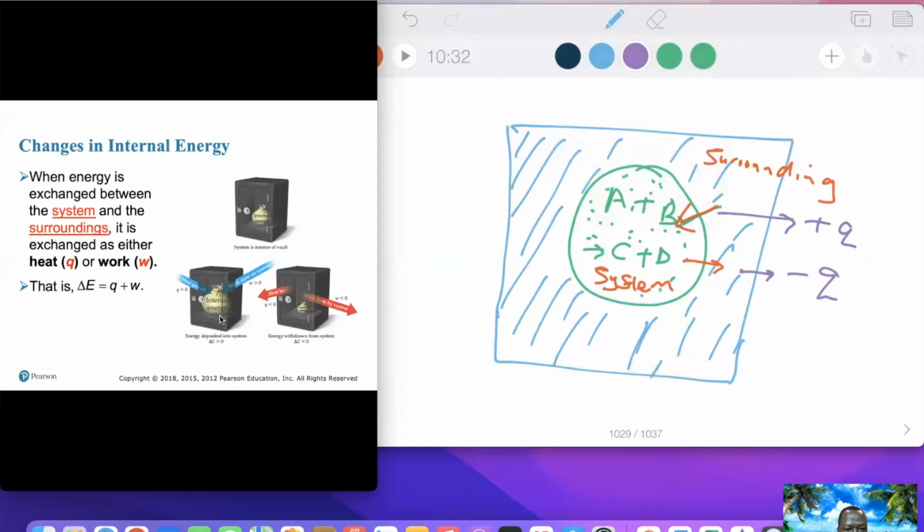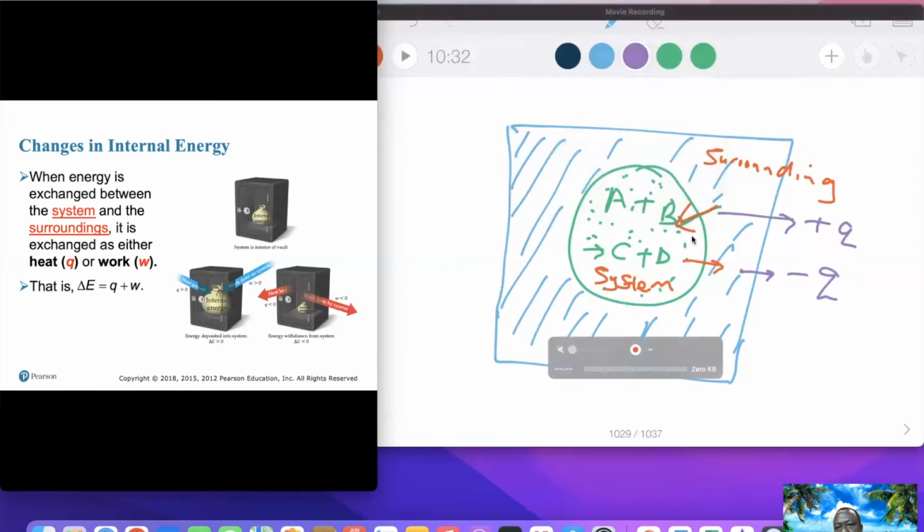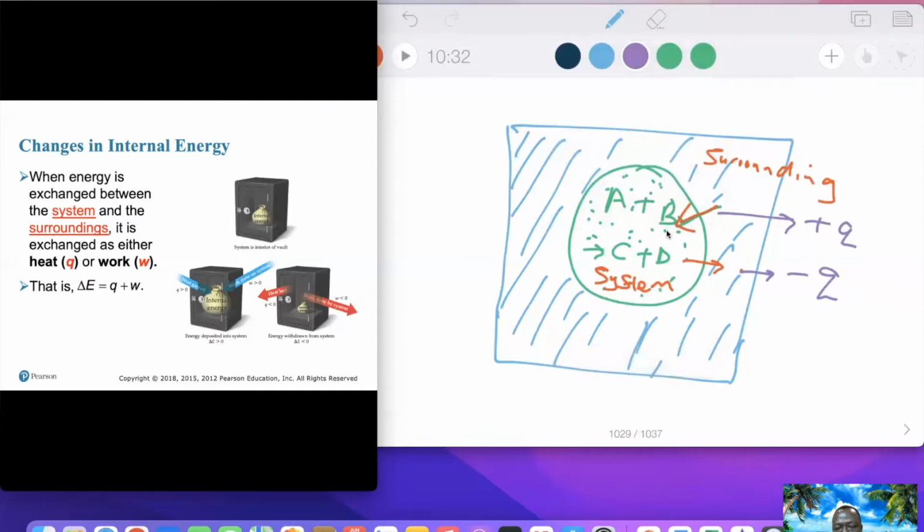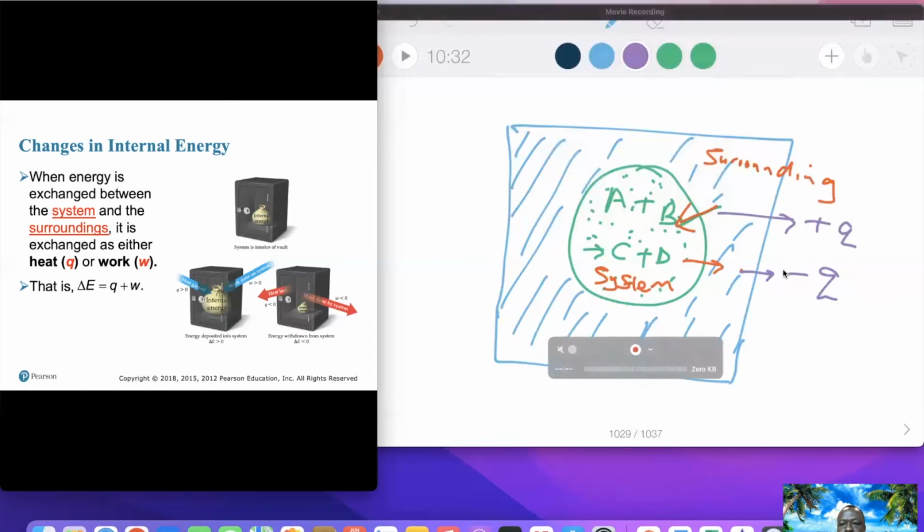But if something is getting out, that means it's less than 0, negative. Therefore, if it's getting out of the system, we use an arrow. The arrows will help you commit to your memory where the heat is going. Is it coming out of the system or is it getting into the system? Anything getting out is negative. You are subtracting. Anything getting into the system, you are adding.